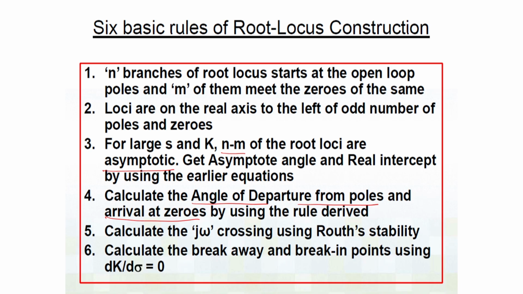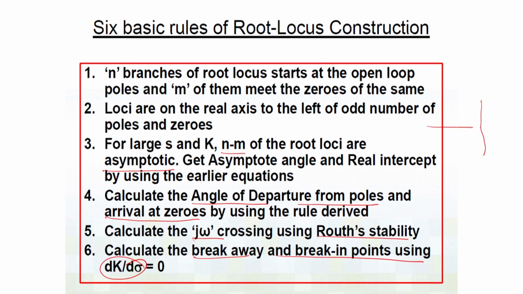Finally, calculate the j omega crossing using some criteria called root stability, or simply putting S equals j omega and solving, you should be able to do it, and calculate the breakaway and break-in points using dK/dσ equals 0. So, what are the breakaway and break-in points?